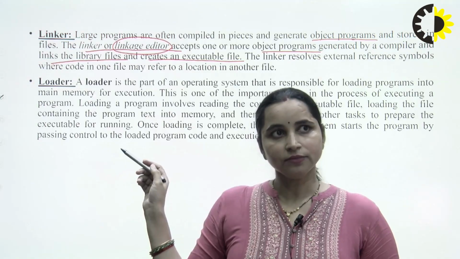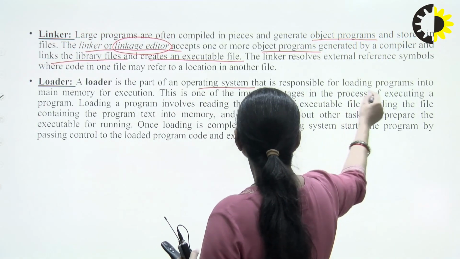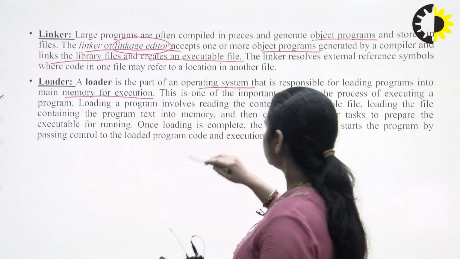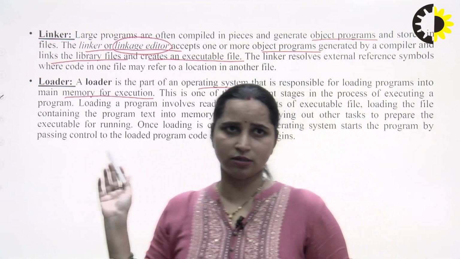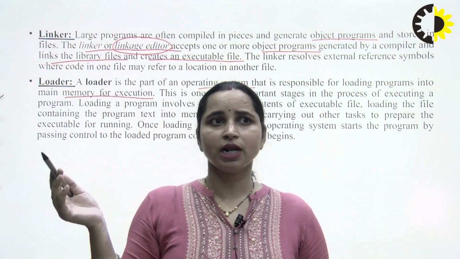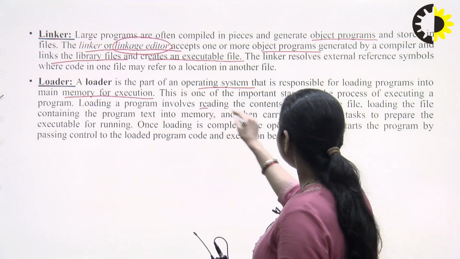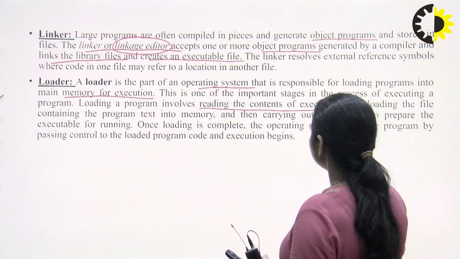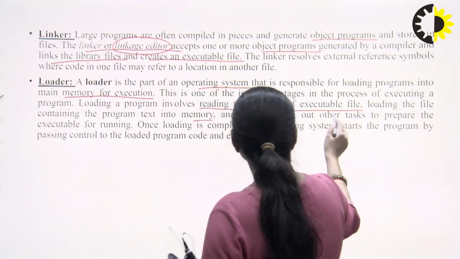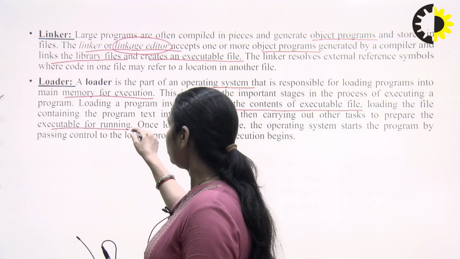And what is the loader? The loader is a part of the operating system that is responsible for loading programs into main memory for execution. This is one of the important stages in the process of executing a program, because loading a program involves reading the contents of the executable file, loading the file containing the program text into memory, and then carrying out other tasks to prepare the executable file for running.